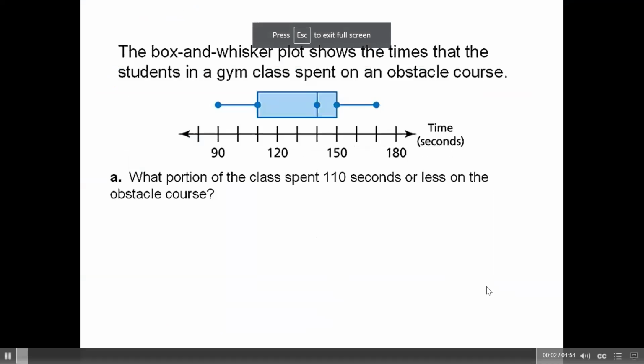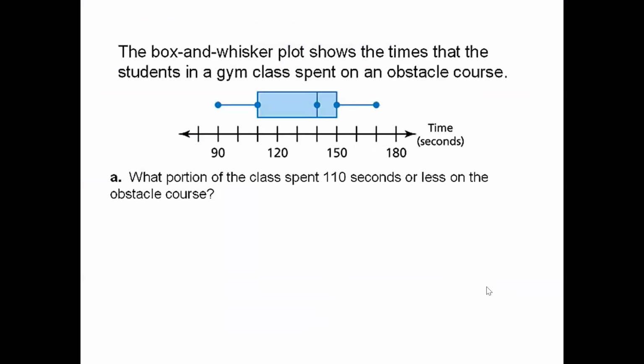The box and whisker plot shows the times that the students in a gym class spent on an obstacle course. Part A. What portion of the class spent 110 seconds or less on the obstacle course? To answer this question, first let's find 110 seconds on the box and whisker plot. It is here.